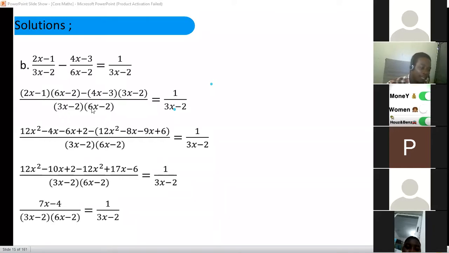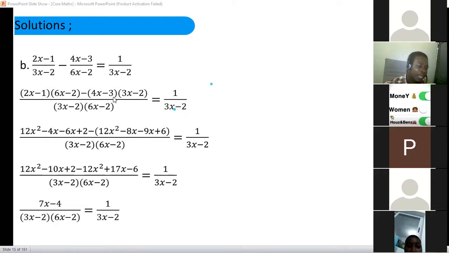So minus into bracket here, 4x times 3x will give us 12x squared. 4x times minus 2 will give us minus 8x. Minus 3 times 3x will give us minus 9x.